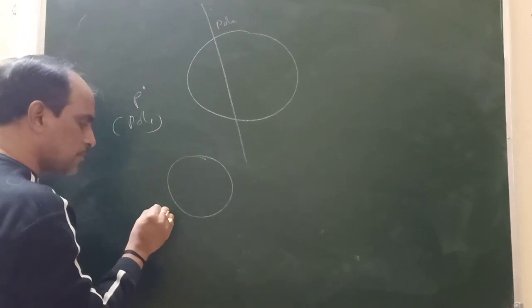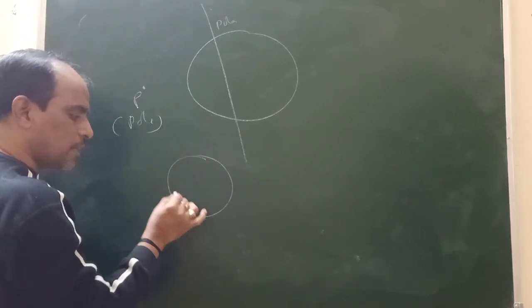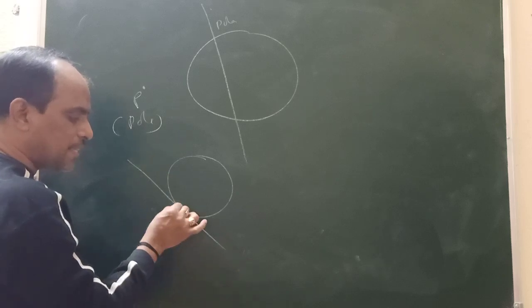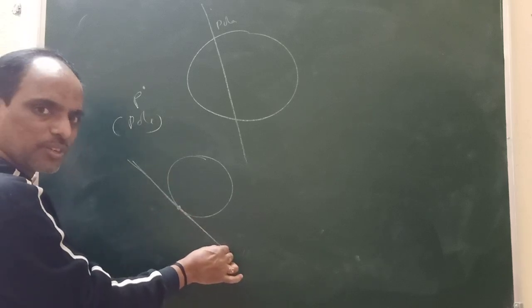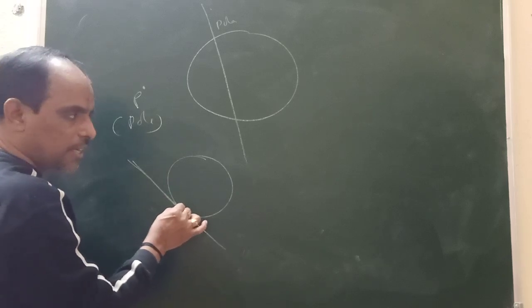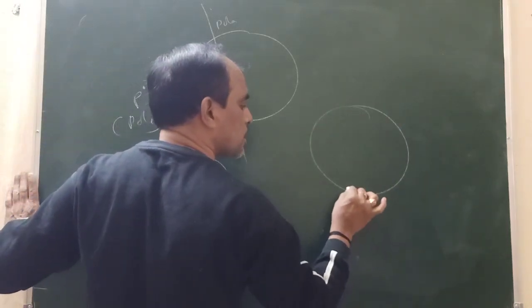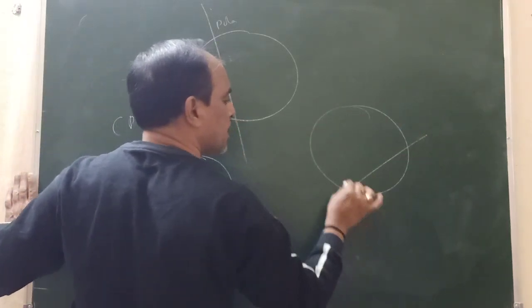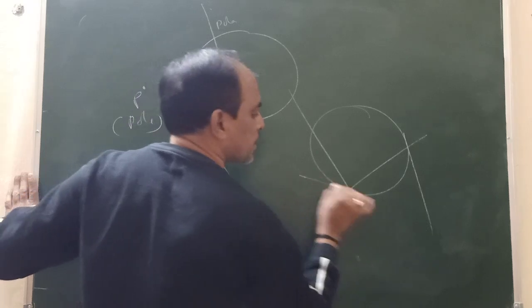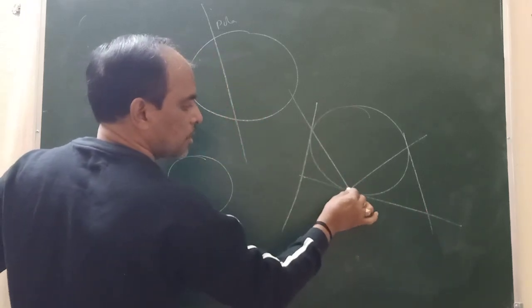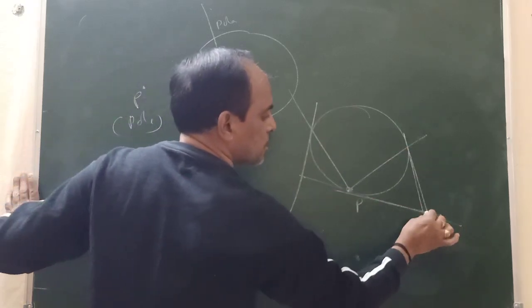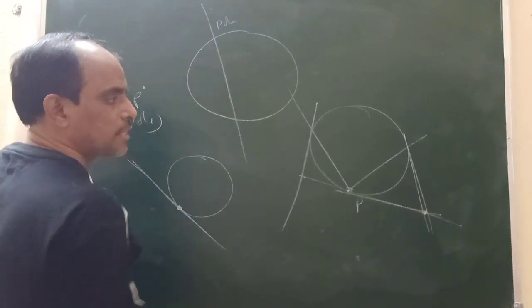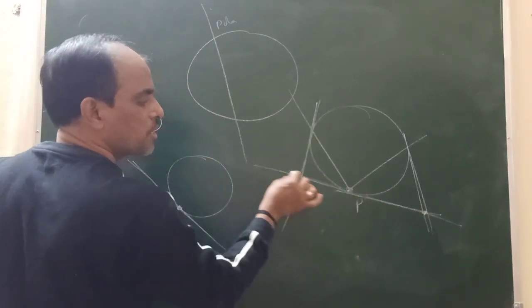Suppose the pole is on the circle, then the polar is nothing but the tangent at that point. Suppose the pole is here on the circle. So these are the secant lines and these will be the tangents. You see, this is one tangent and this is one tangent. This is the point of intersection of tangents. This is a tangent and this one is a tangent.